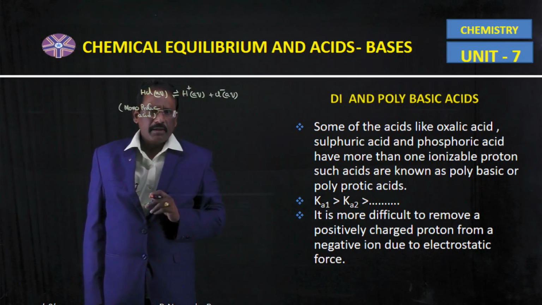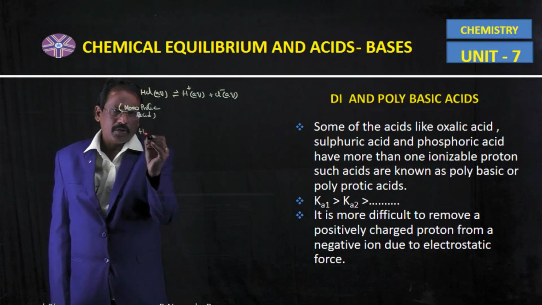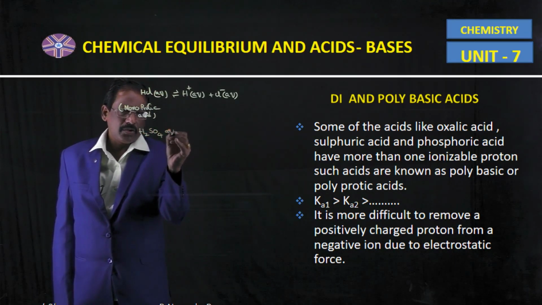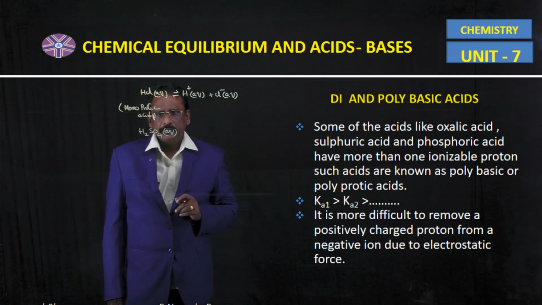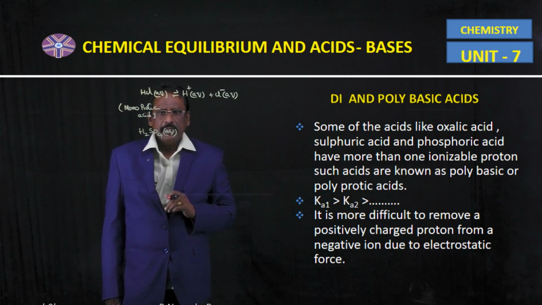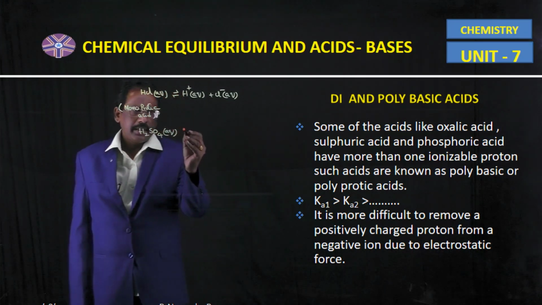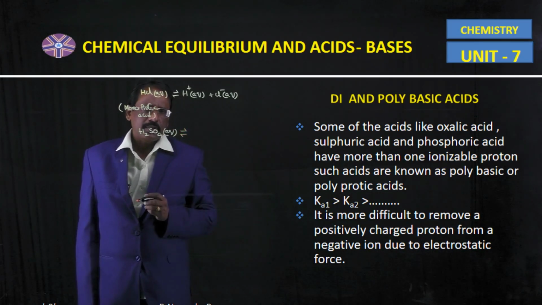But in the case of diprotic acids like H2SO4, it is having 2 protons. That's why it dissociates in 2 steps.